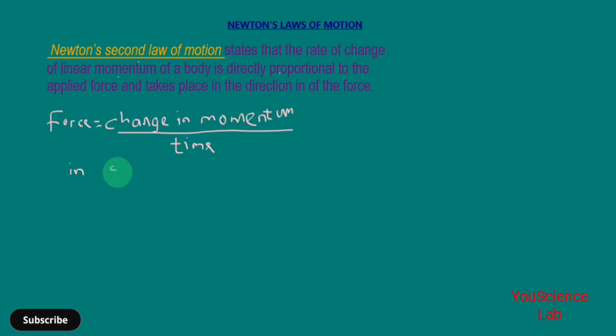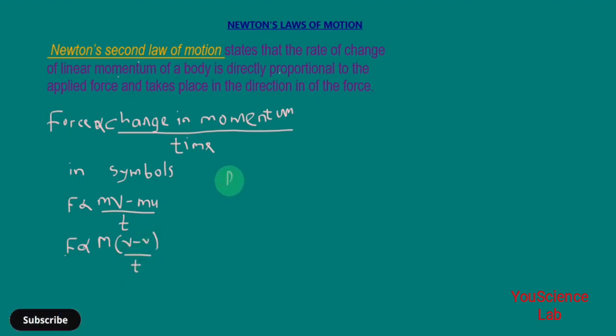In symbols, F is proportional to mv minus mu all over t. By factoring out m, we have F is proportional to m into v minus u all over t.